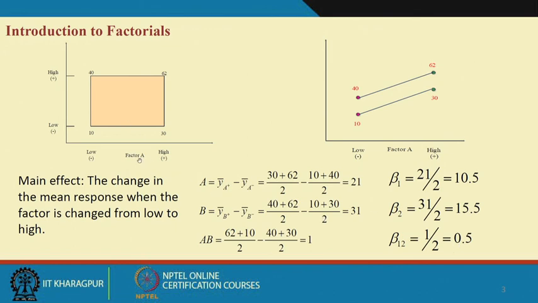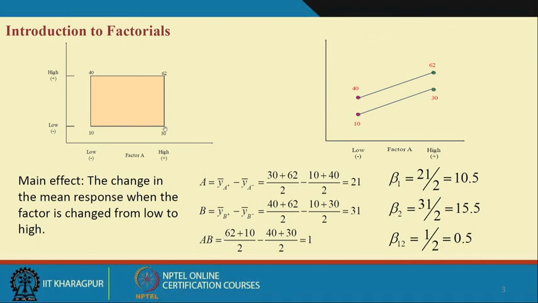So, here we have two factors, factor A and B, A at two levels, B at two levels, denoted by low and high, or minus or plus. We are interested in computing the main effects and interaction effects. So, what do you require?